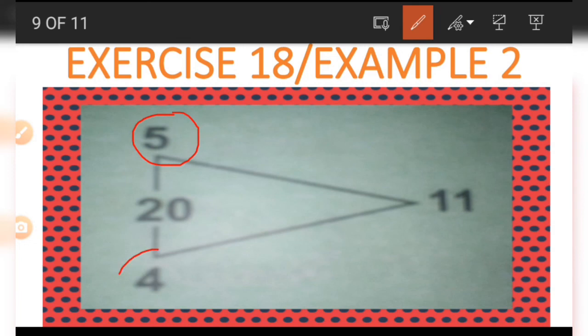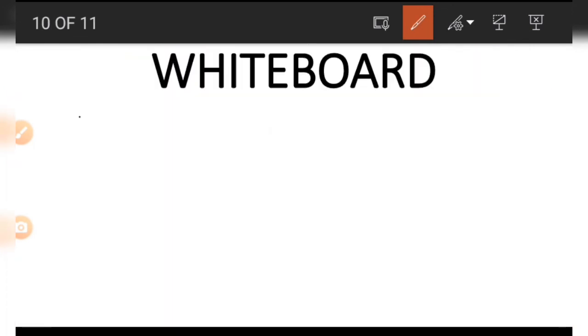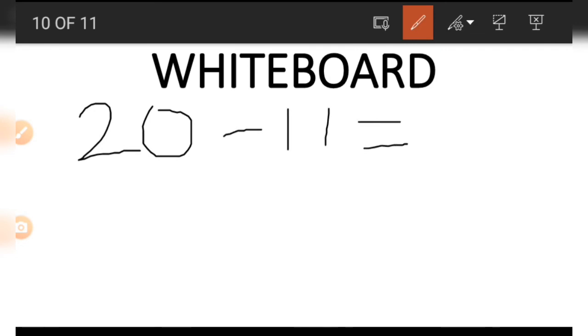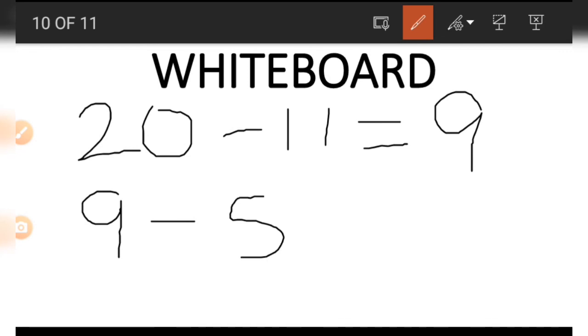We can also apply the same method to get 5 and 4. This time we are going to start with 20. 20 take away 11. 20 minus 11 is 9. If we wish to get the 4 first, it means we are going to subtract 5 from the 9.